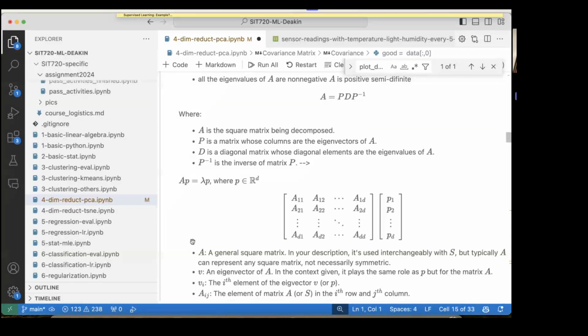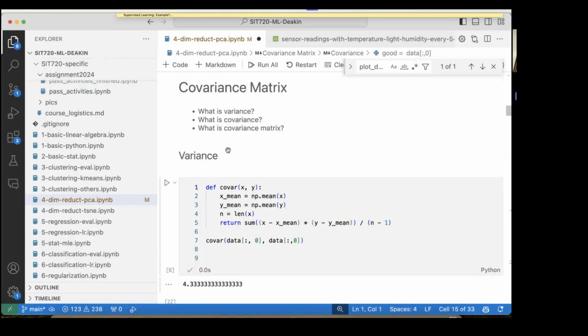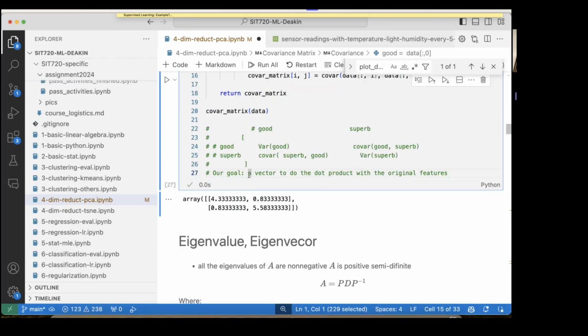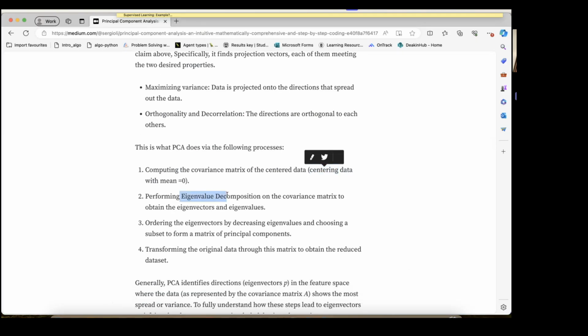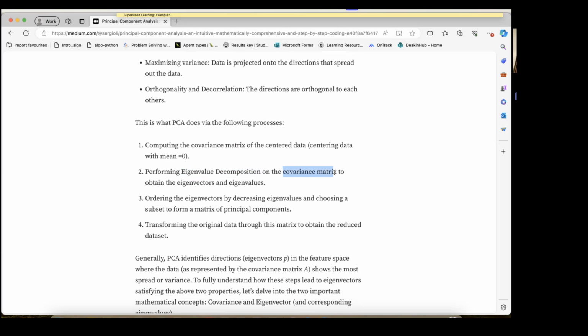So how do you go forward to calculate this vector? What you do is eigenvalue decomposition. Normally we call it eigen decomposition, using this covariance matrix.